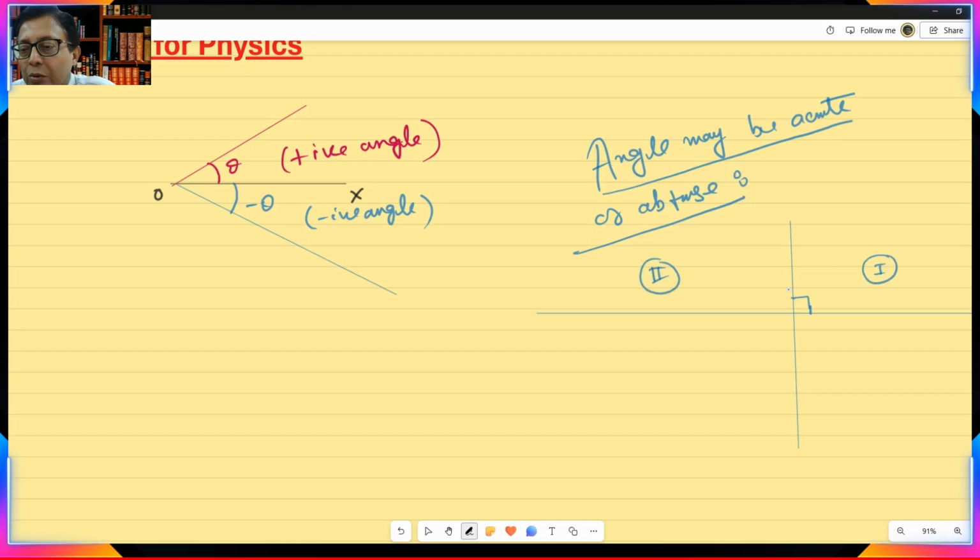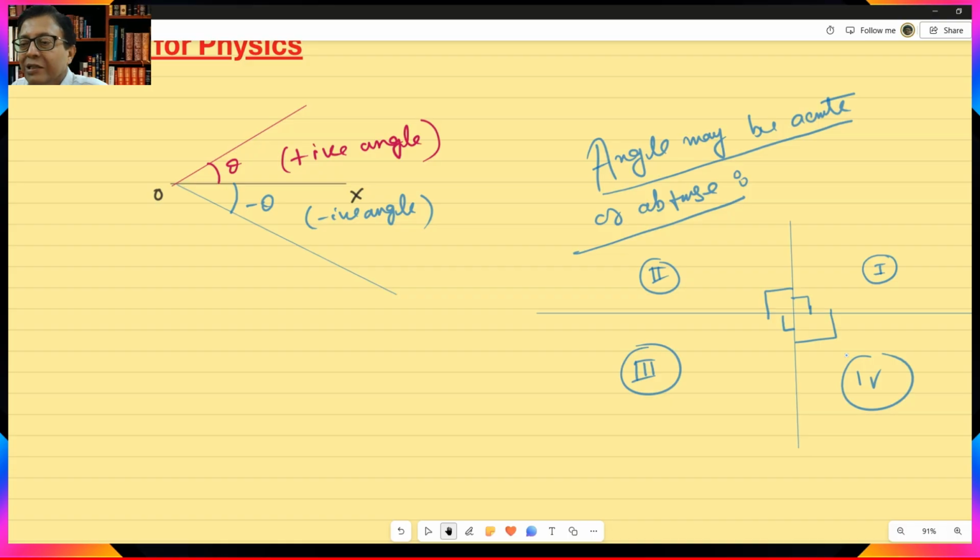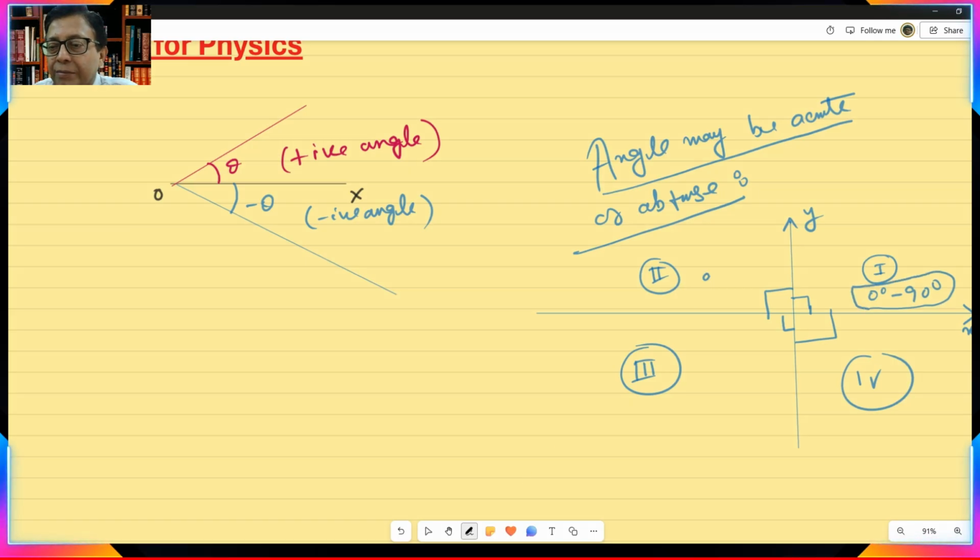Quadrant 2. This is quadrant 3 and quadrant 4. Third quadrant here. And this is fourth quadrant. Here the angle will be lying between 0 degree to 90 degree. Okay? And here 90 to 180 degree.